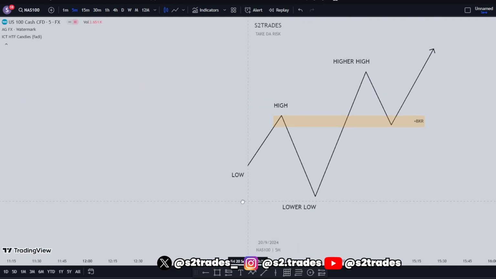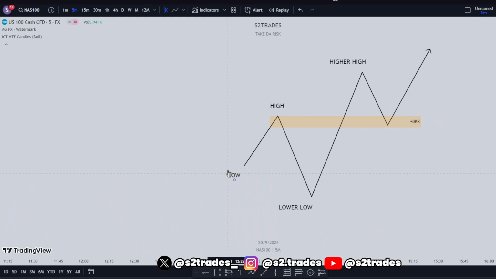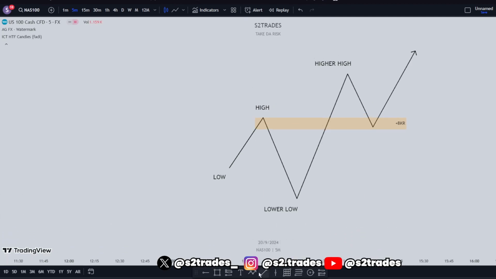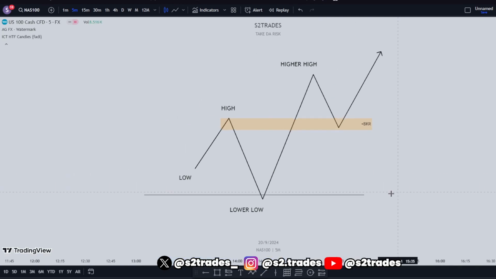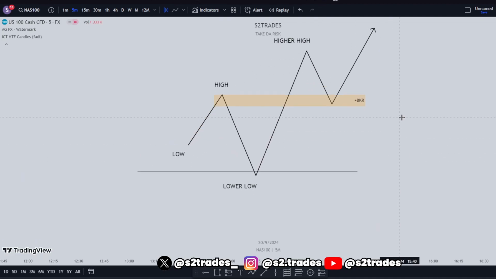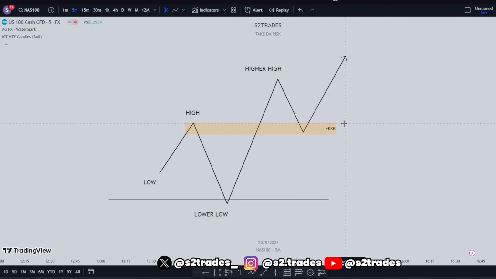I'll show you exactly where to mark it out later. The reason this happens is because retail traders are going in longs from this low to high, and they get trapped. It comes back down, and usually this lower low is within a high time frame liquidity sweep. It sweeps it, comes back up, this becomes a breaker block, and it just gives you another way to enter.